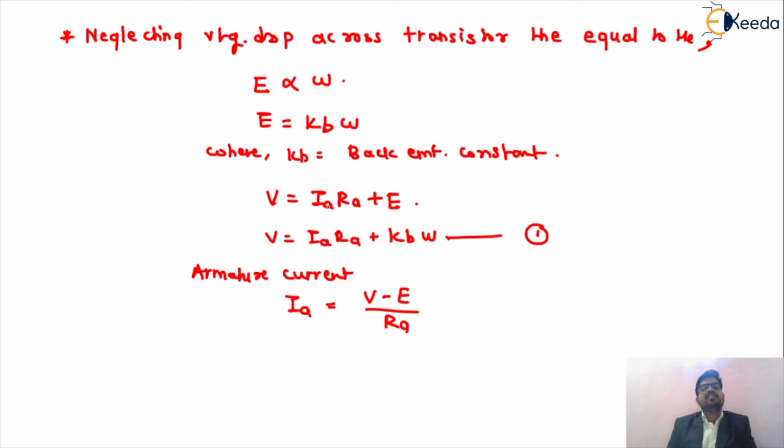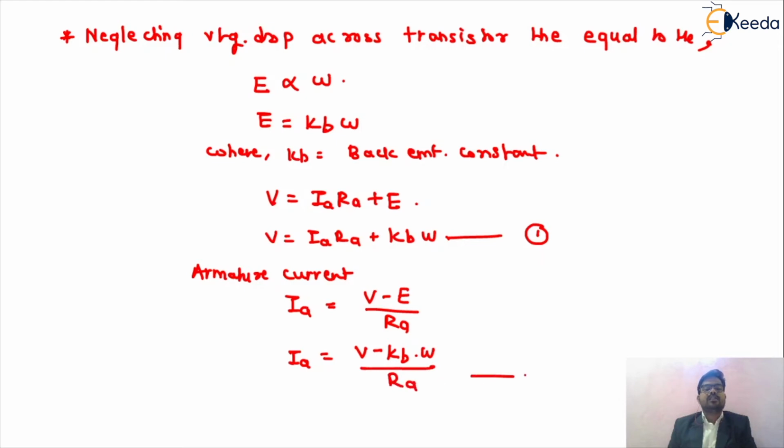Using this equation we get the value of IA. In terms of these quantities, IA is equal to V minus Kb into omega divided by RA.